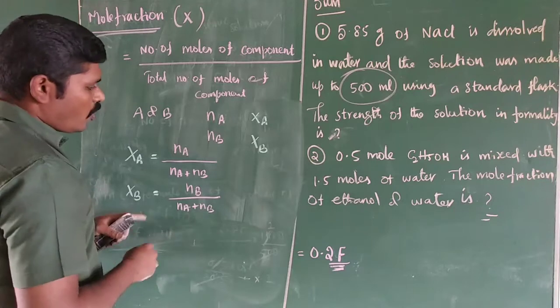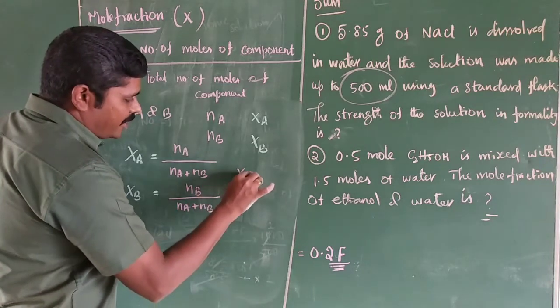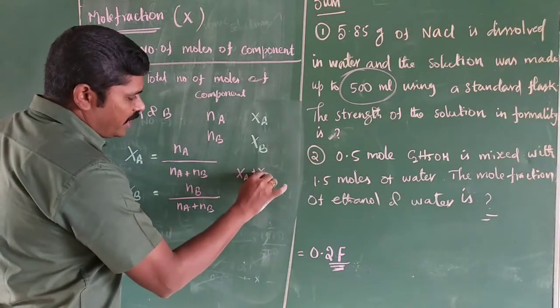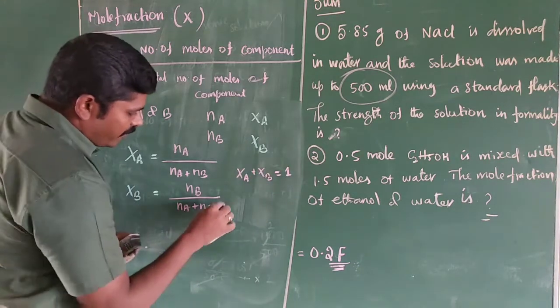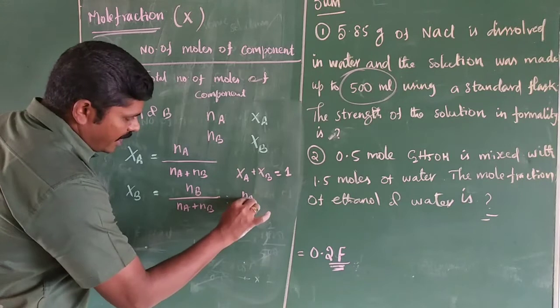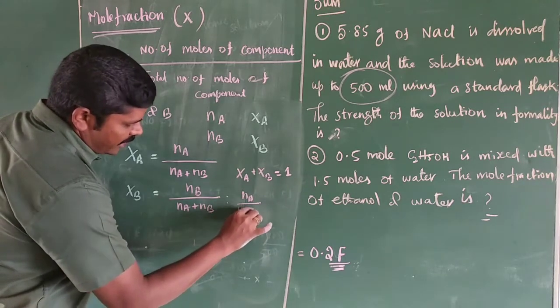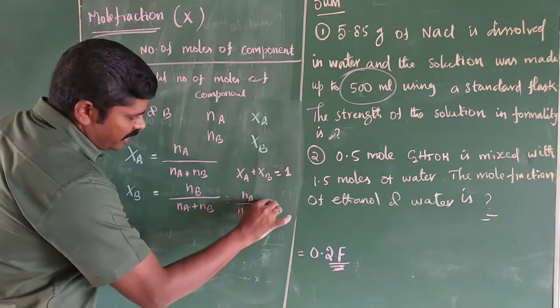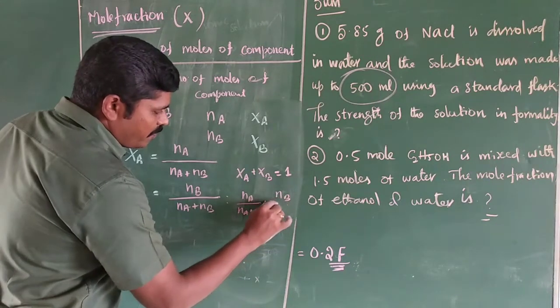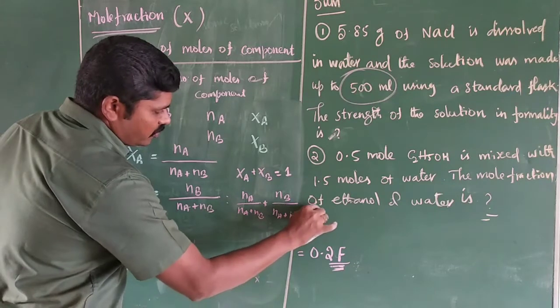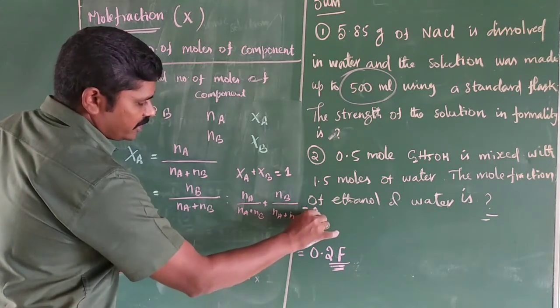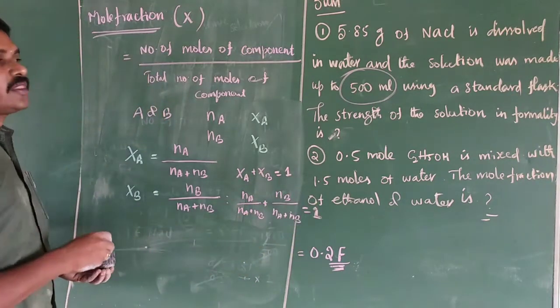So Xa plus Xb is equal to 1. Therefore, Na plus Nb divided by Na plus Nb is equal to 1. The sum of the mole fractions is 1.